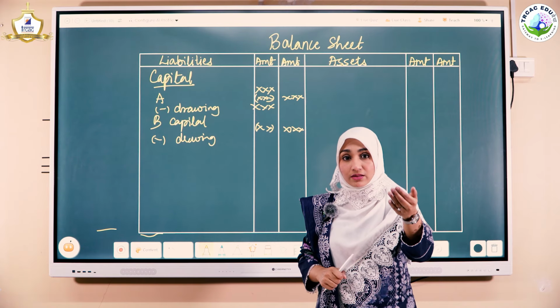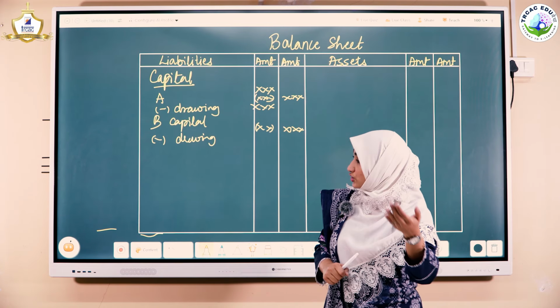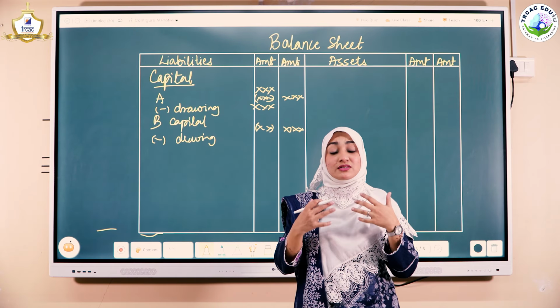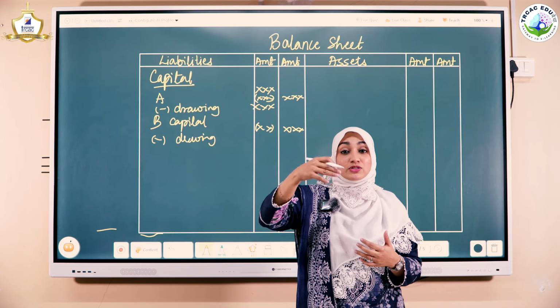Okay, what else comes into the liability side of your balance sheet? All types of amounts which the business needs to pay to others, which the business owes to others.